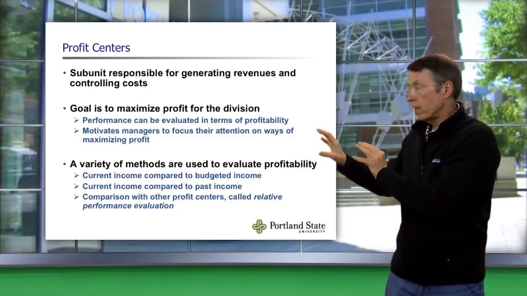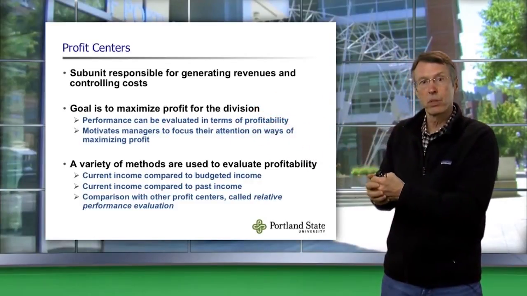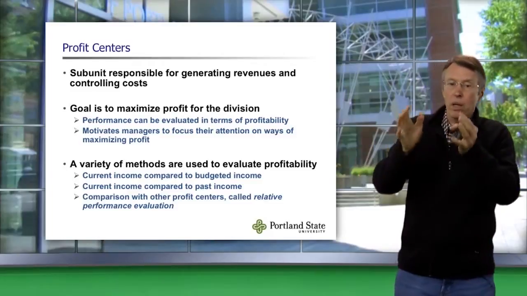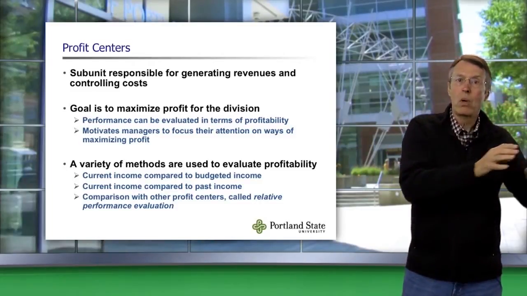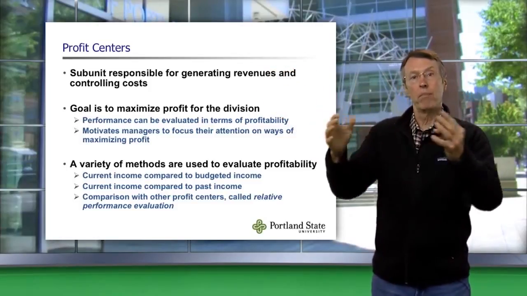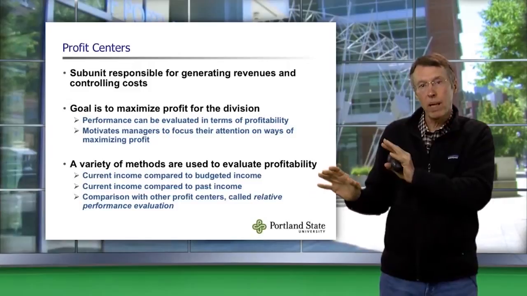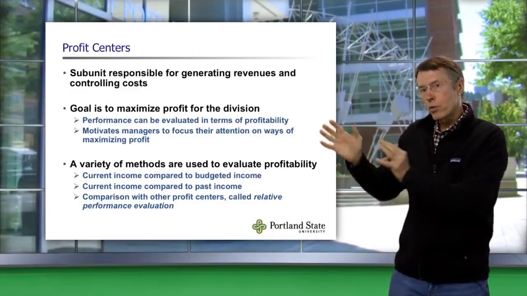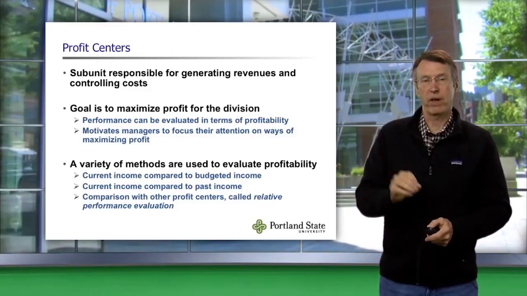We can compare today's income to past periods' income to see if they're making improvements. Or we can compare with other like profit centers in the company, or even external benchmarked relevant competitors. And that's a relative evaluation. So those are the three classical ways to look at profit centers and evaluate their performance.